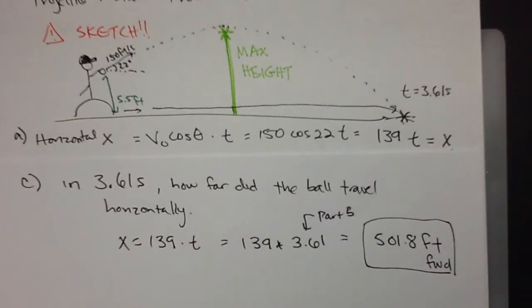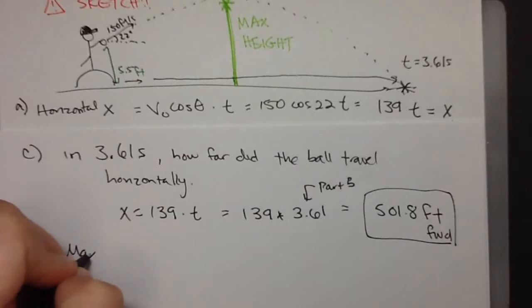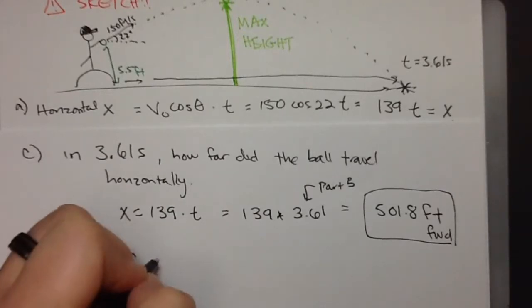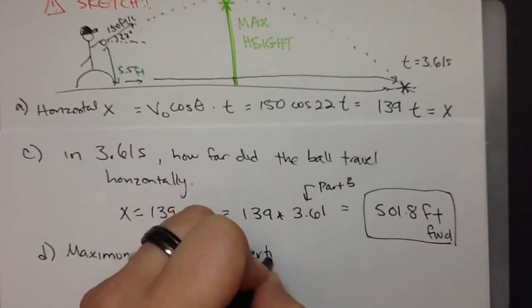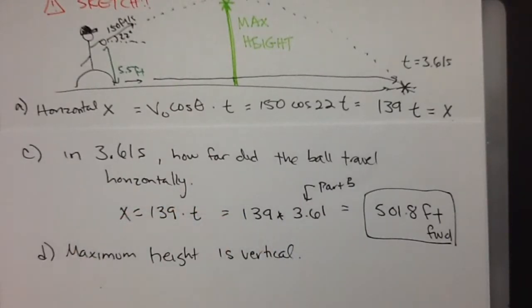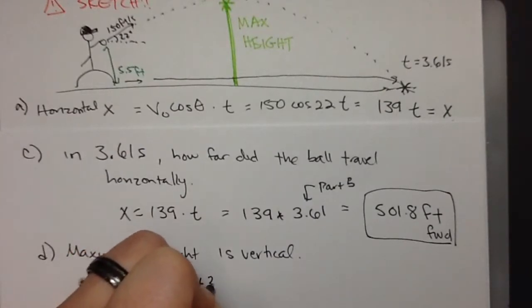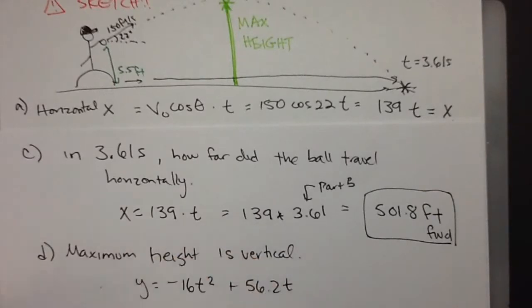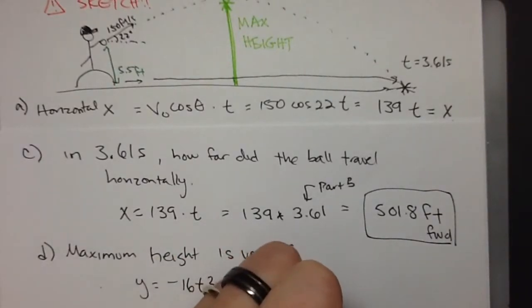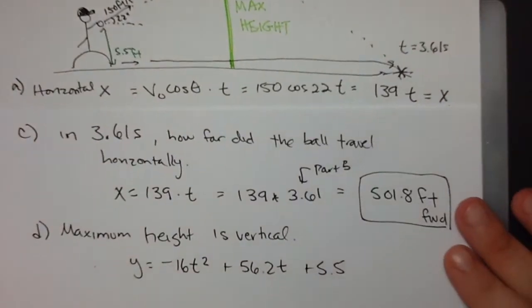So to find the maximum height, we're going to be using our y equation, negative 16t squared plus 56.2t plus 5.5, and we're looking for the vertex.